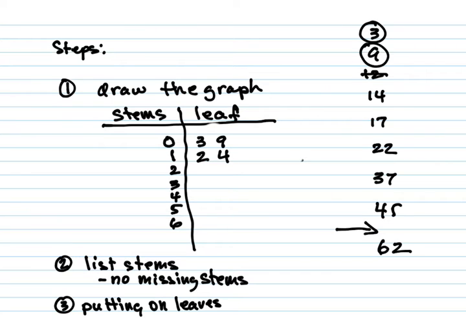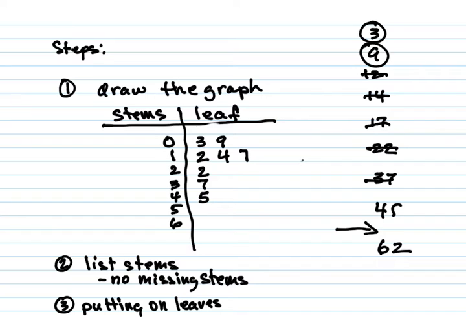Stack them up. Okay? Then 17 has a stem of 1 and a leaf of 7. 22 has a stem of 2 and a leaf of 2. 37 has a stem of 3 and a leaf of 7. 45 has a stem of 4 and a leaf of 5. Are there any 50s? No. So am I going to put a 0 as a leaf?